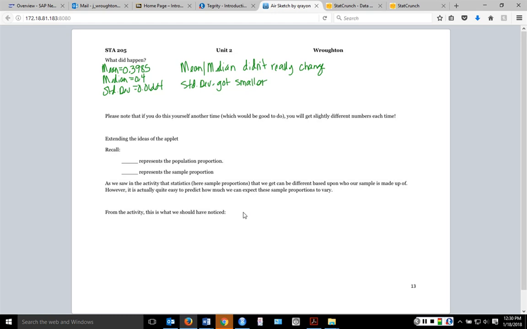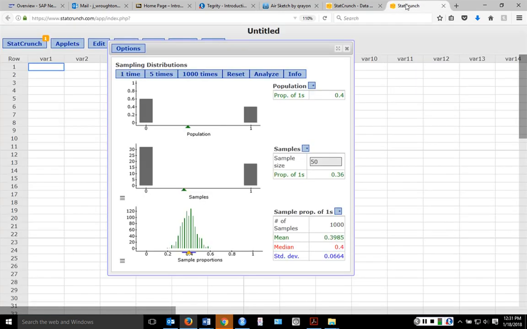So remember, standard deviation is measuring how different our values are from each other. So why would our standard deviation get smaller? Well, what that means is that our numbers, our samples, are more similar to each other, right?